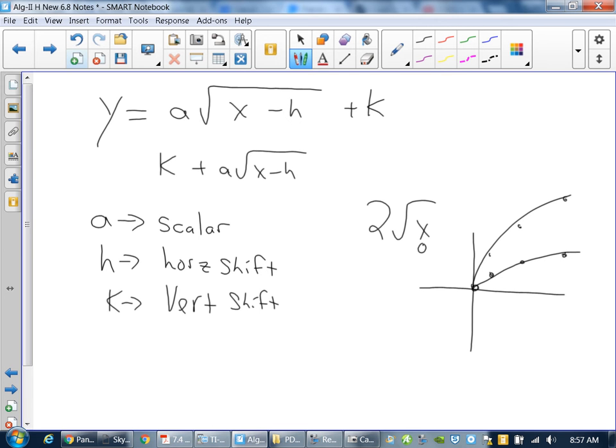What I like to do sometimes is plot the parent function, which is just the square root of x. The shifted function would then just be with the a, h, and k shifted into it. So there's a couple ways of going about it. Let's look at an example.